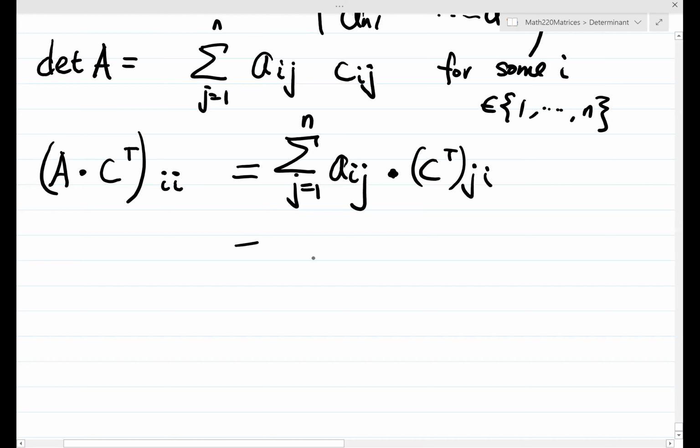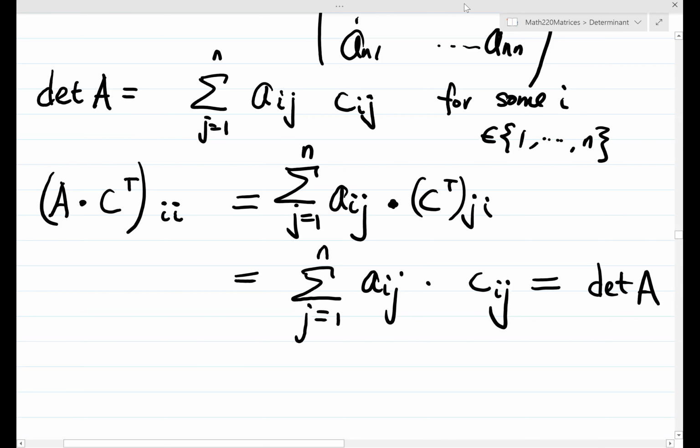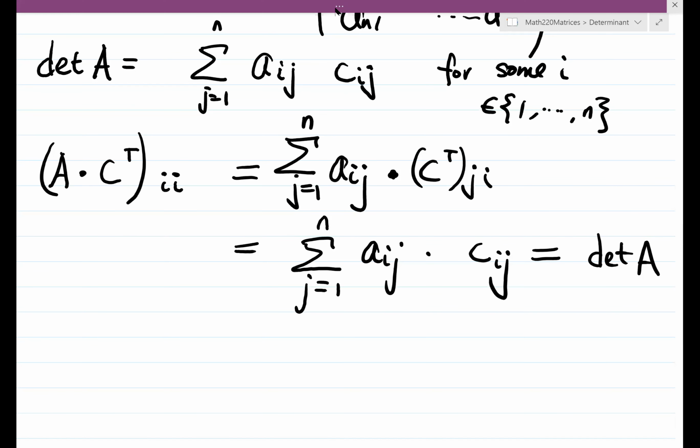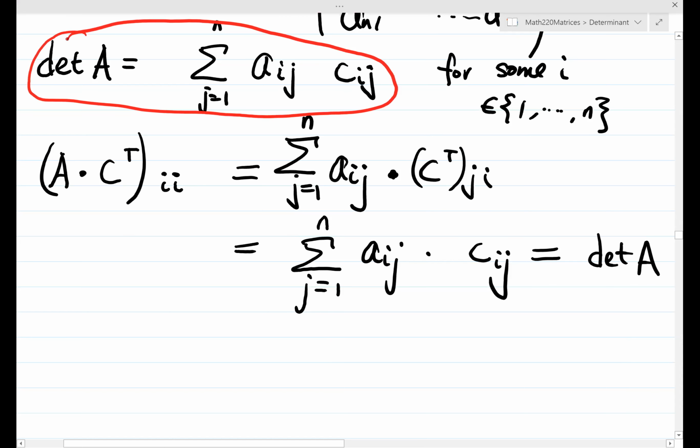So this is the sum over j of Aij times Cij, and this is our definition of the determinant, the expansion along row i.